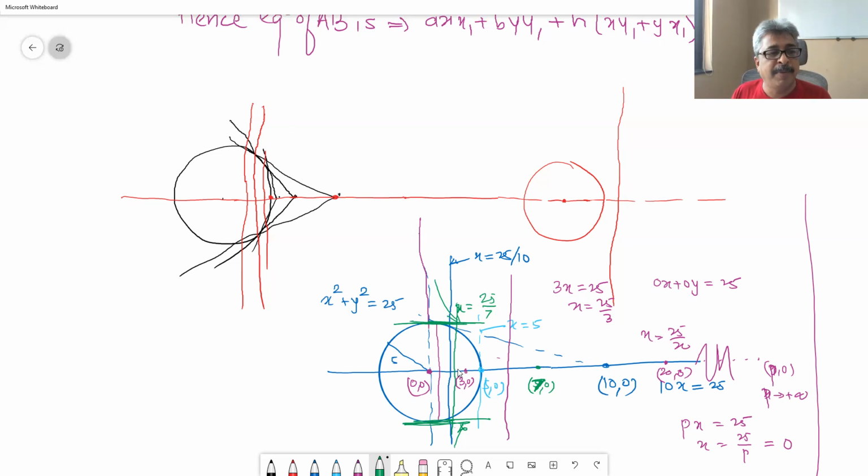They will not be real. I mean, we will not be able to see them in the XY plane. But wherever they intersect the circle, if you draw a straight line from those points, it is a chord of contact which is visible. That is what makes it very interesting.